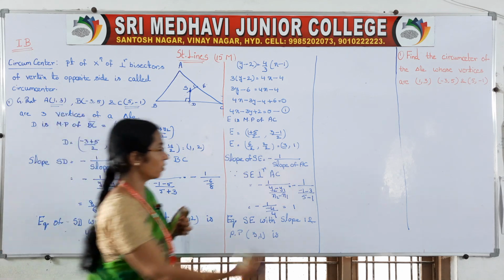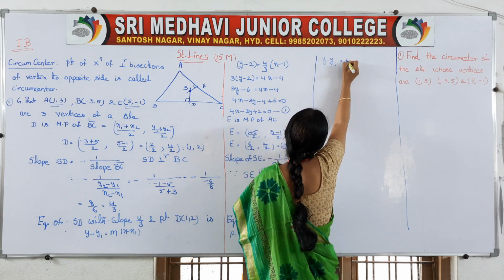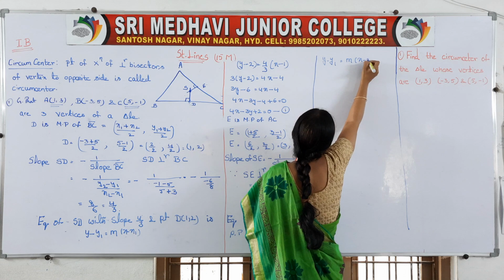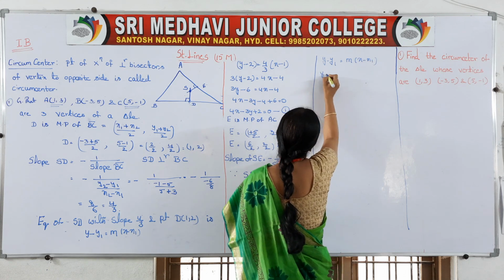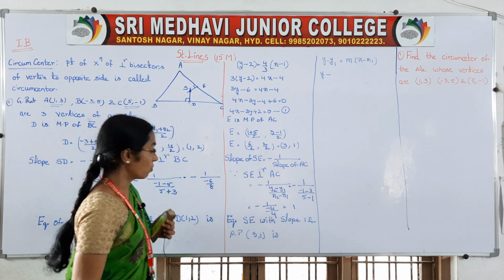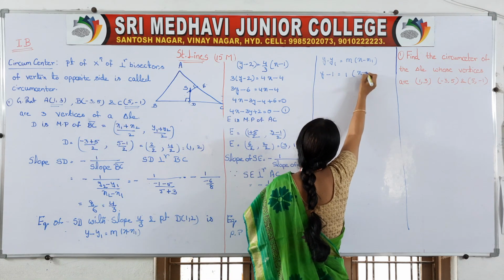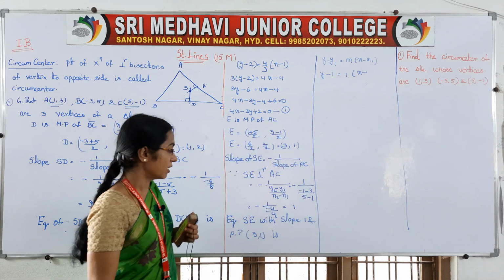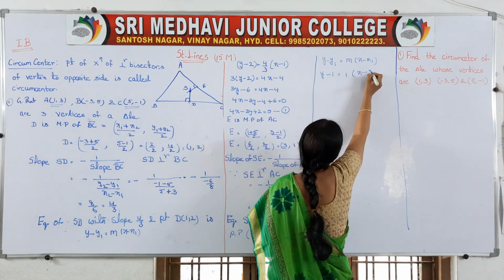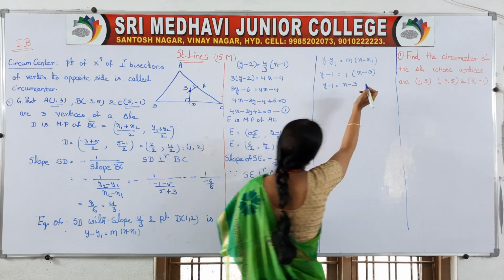So what is the formula? Again we are using y minus y1 is equal to m into x minus x1. y minus y1, which is 1, is equal to the slope 1 into x minus x1, which is 3. So y minus 1 is equal to x minus 3.